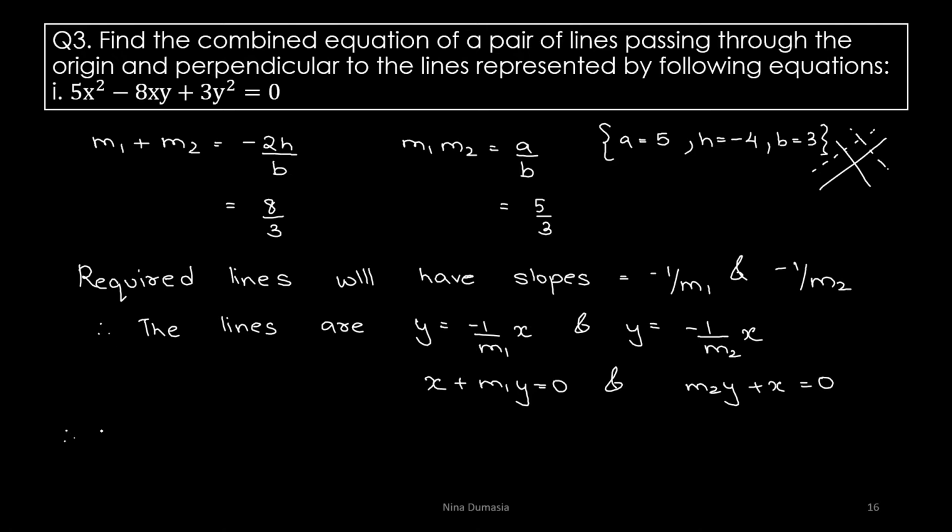Therefore, combined equation is x plus m1y into x plus m2y is equal to 0.